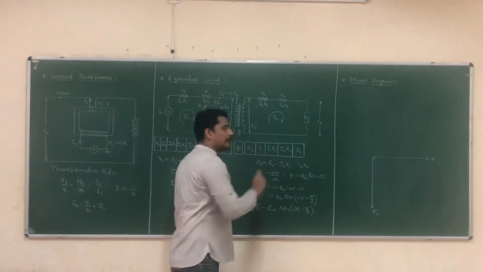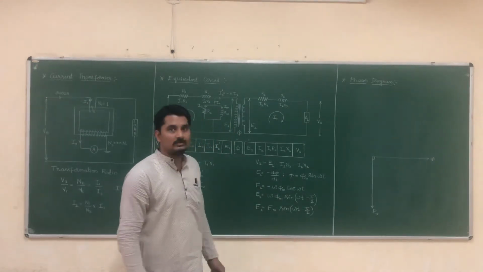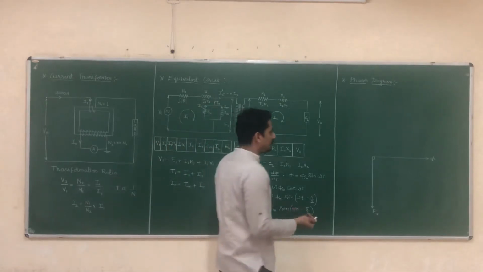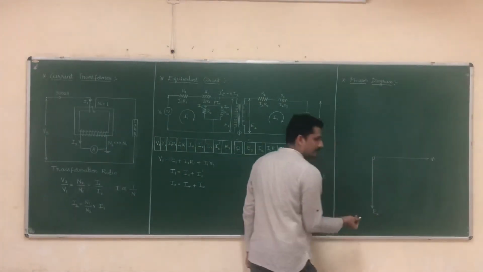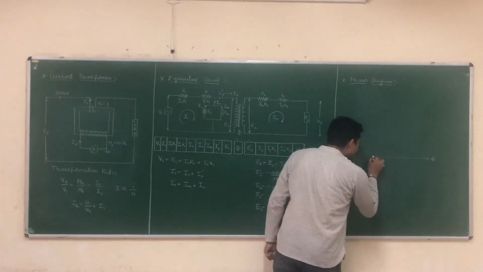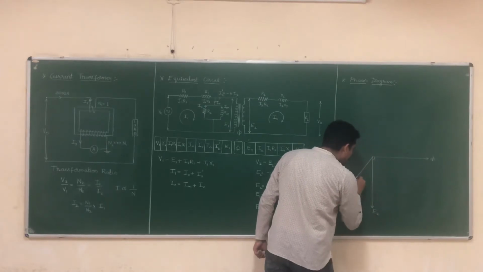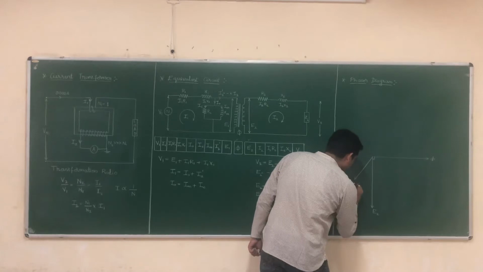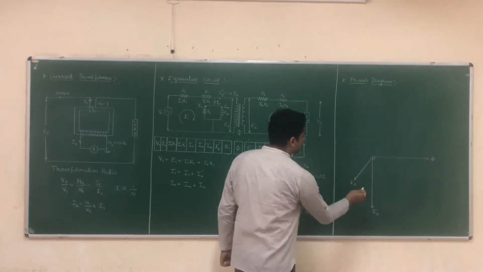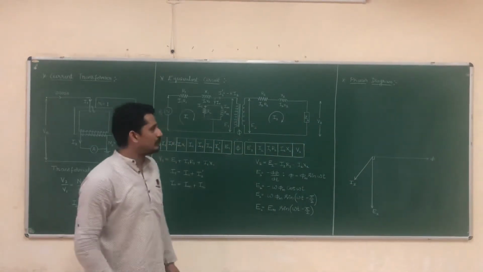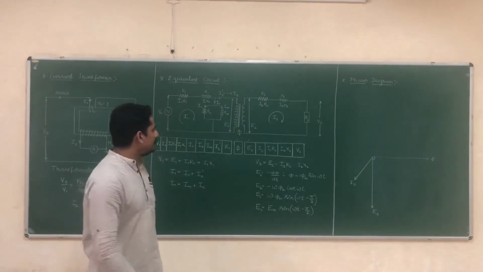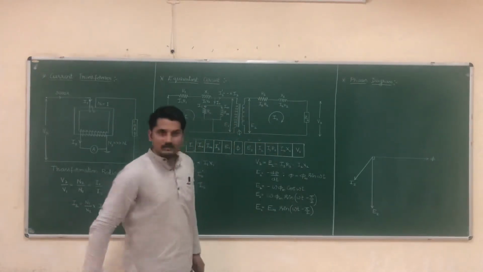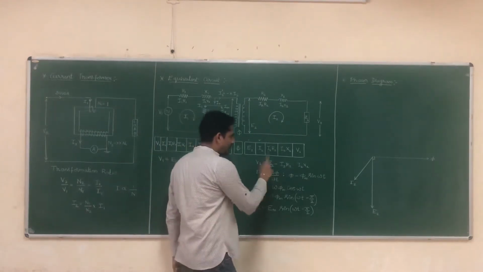Now I2, where should I get this I2? I2 lags E2. So if E2 is here, the lagging current should be somewhere here, and this is my current I2. This I2 is lagging E2 at some angle. Okay. Now even I2 I have represented it.